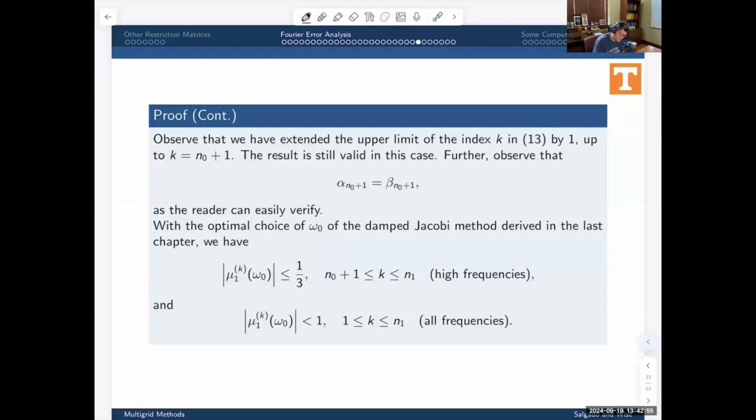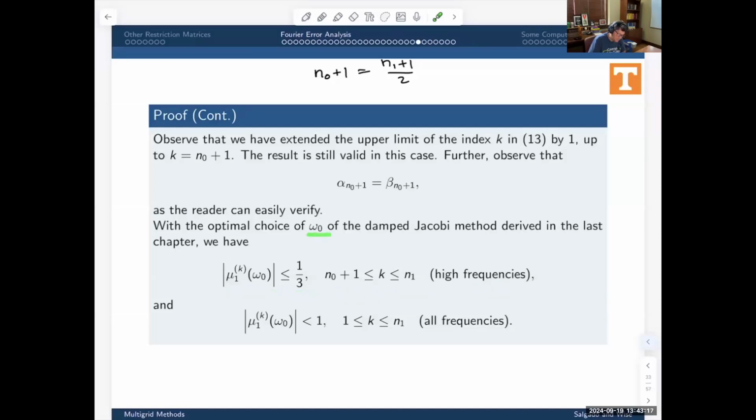And by the way, just so that you remember, n0 plus 1 is equal to n1 plus 1 over 2. That's the relationship between the fine grid numbers and the coarse grid numbers. We said that all of the high frequency modes in the smoothing process are damped by a third.